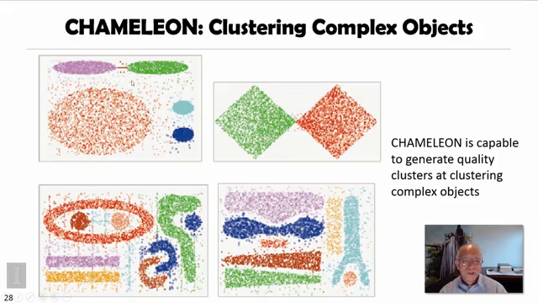Even with different shapes, different density and different noises, we can still see Chameleon generates pretty high quality clusters. That simply says Chameleon, using this graph partitioning and merging method, is pretty robust and generates pretty high quality clusters. Even though it is in the spirit of hierarchical clustering, it does a lot of good with this graph-based method.